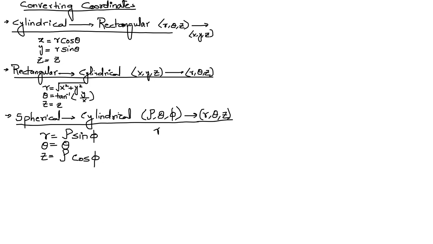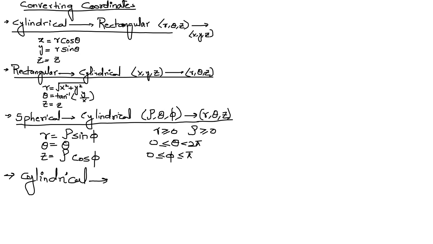Okay, so there are conditions that r must be greater than 0, rho must be greater than or equal to 0, theta is between 0 and 2 pi, and phi is between 0 and pi.